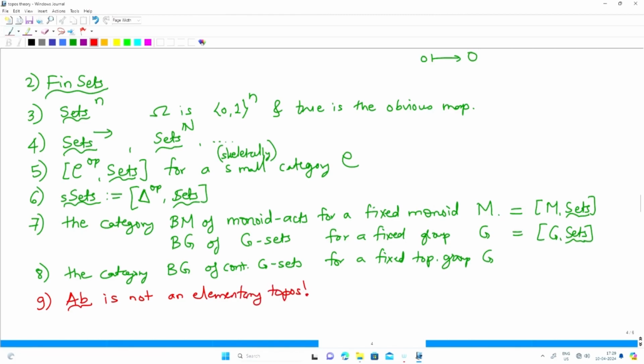Why is that the case? Because if it were to have a subobject classifier, it has to be a map from 1 to some omega. What is 1? It is 0, so it is a map 0 to omega. Well, what kind of map can it be? The 0 map.